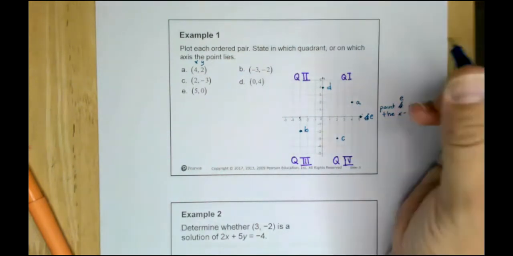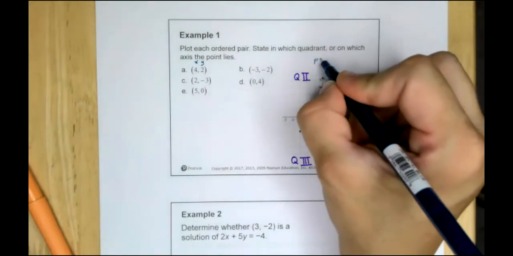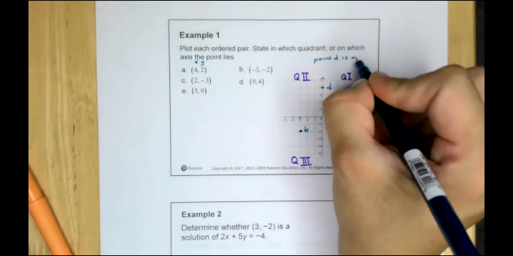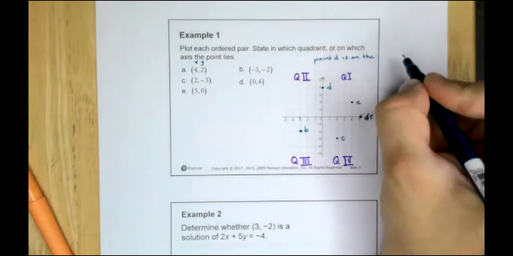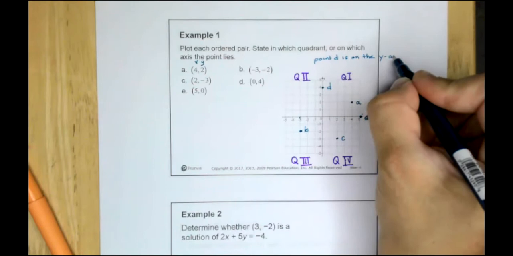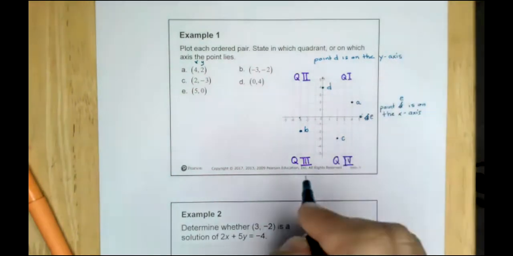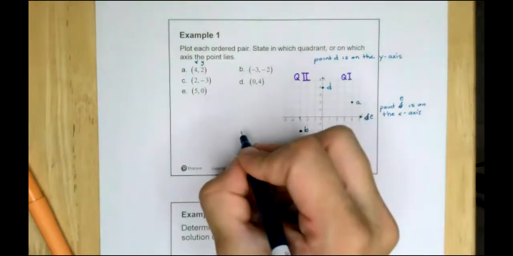Point D is on the y-axis, or the y number line, right? And then the rest of them, you can label them by quadrants.